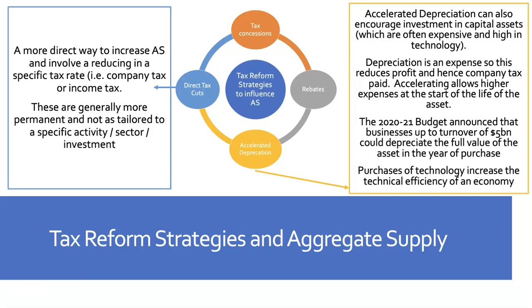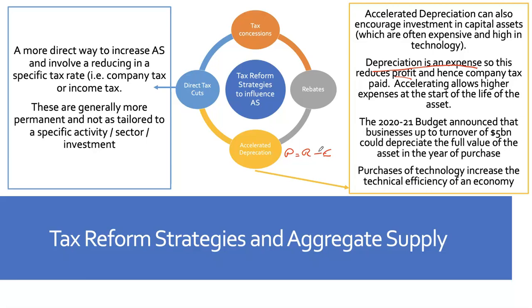The key bit here, as an accountant, I know that depreciation is an expense. And expenses reduce profit, because profit equals revenue minus expenses. And hence, if we allow businesses to have more expenses because of more depreciation, they will report less profits.